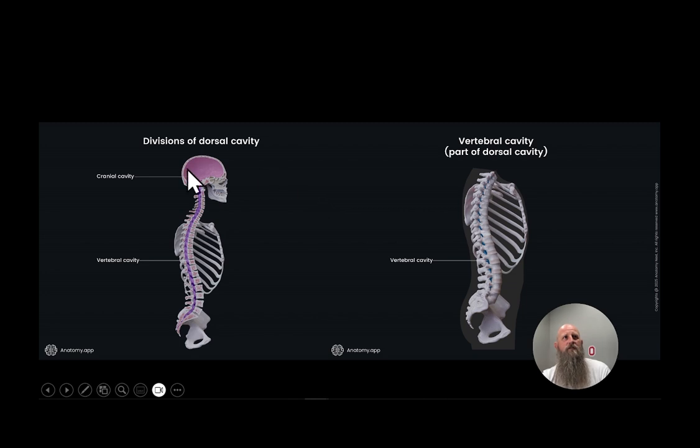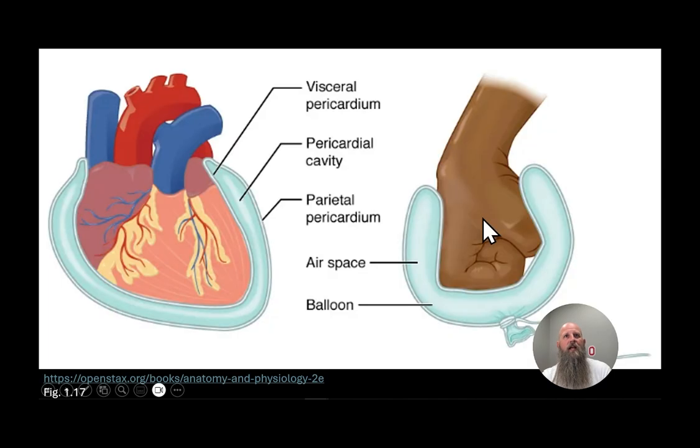And we can see that sort of divided up over here where we see the cranial cavity and the vertebral cavity. And we can see that vertebral cavity is situated within the vertebral canal, housing the spinal cord. Okay, now these cavities are very important and they are surrounded by some membranes and tissues called serous membranes, which we're going to talk about in the next video.